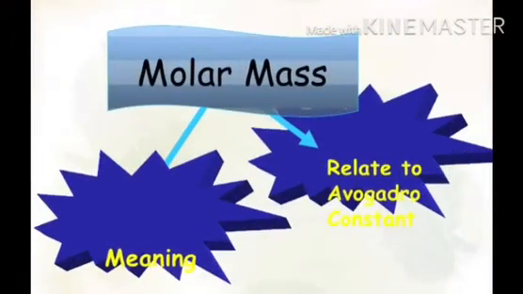Now, molecular mass. Just as the atomic mass of an element is the average relative mass of its atom as compared with that of an atom of C12, the carbon-12 isotope, taken as 12, similarly molecular mass is defined as follows.